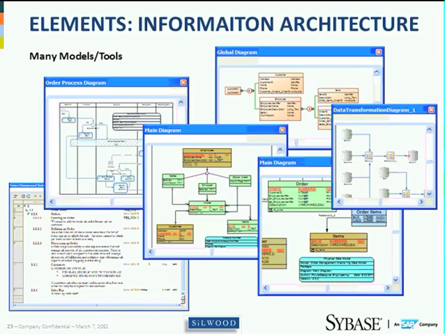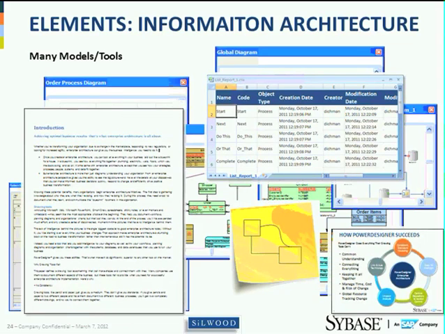Now, when we look at the kinds of models we've got, one thing is quite clear to me. We have a lot of technical diagrams and models and sources of knowledge about our enterprise information, whether it be requirements models, business process models, conceptual and logical data models, physical data models like the ones that we'll be bringing in with Silwood Sapphire. And that's not the only source of information we have.